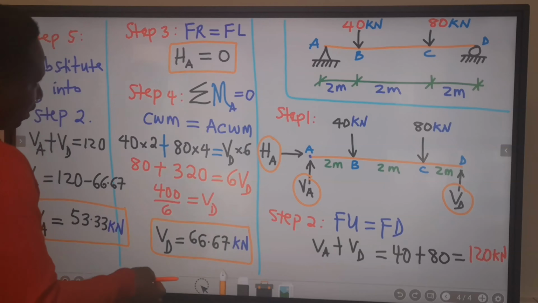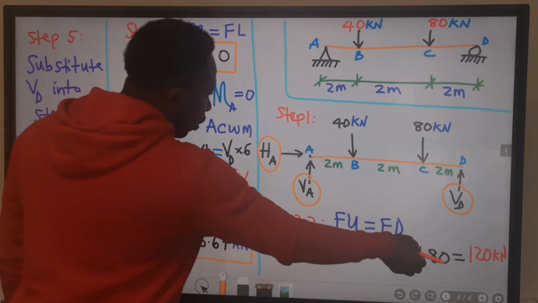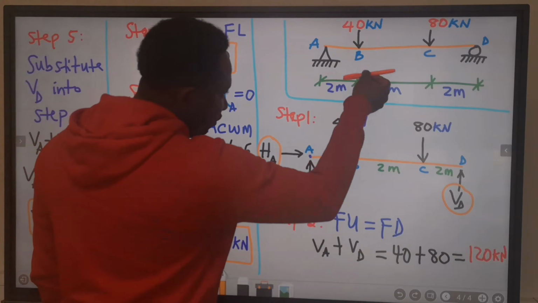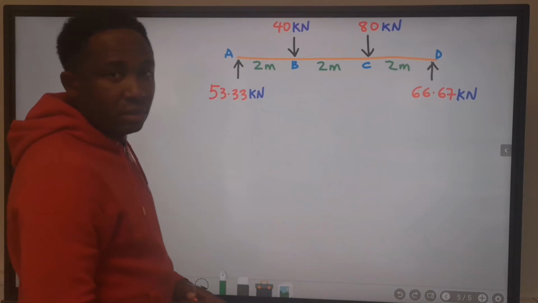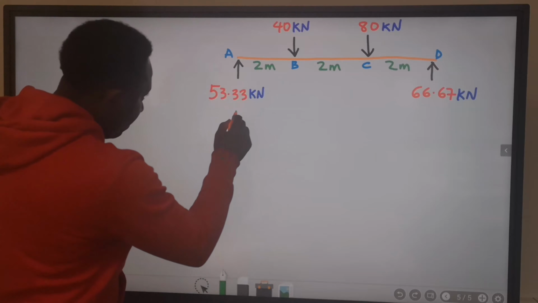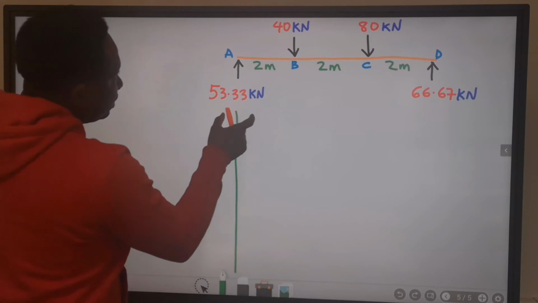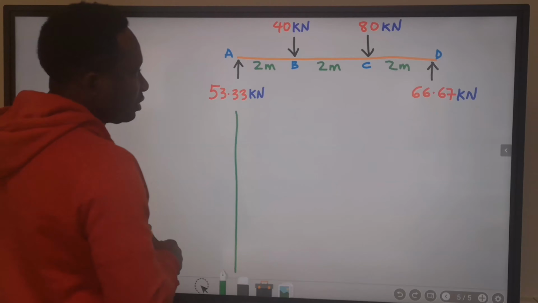Also, if you add all the forces going up, it's going to give you the addition of all the forces coming down, which is 120. Next, we're going to draw a straight line here after replacing the values of our reaction forces.